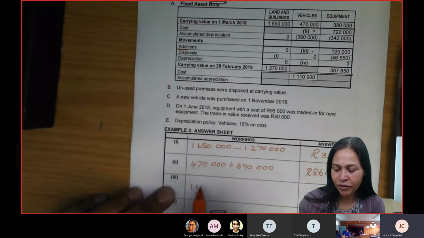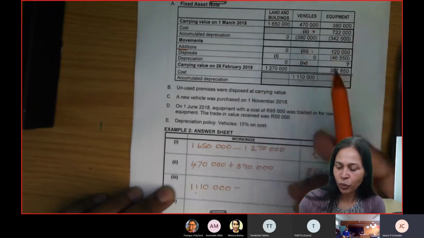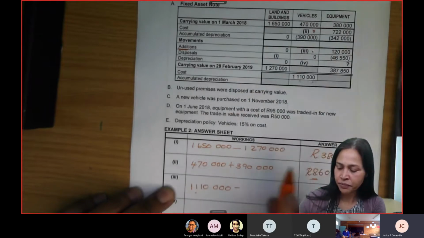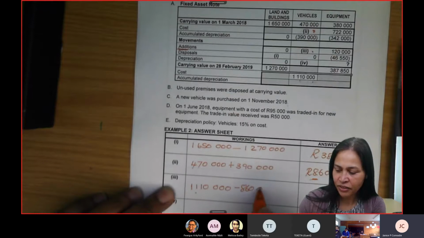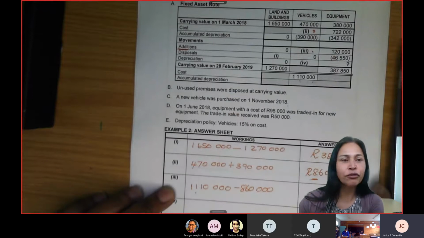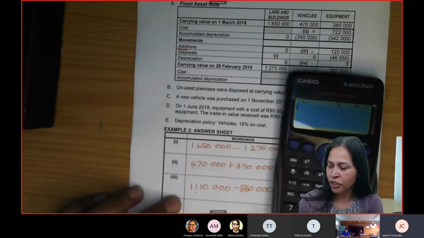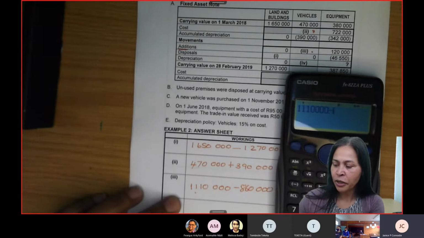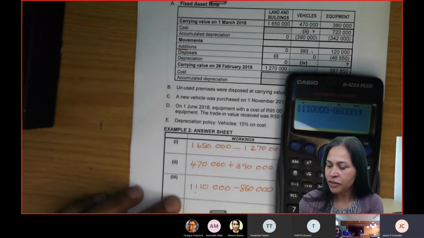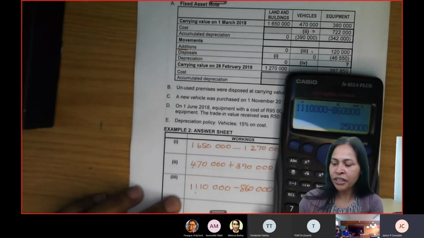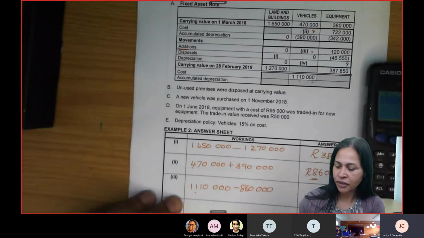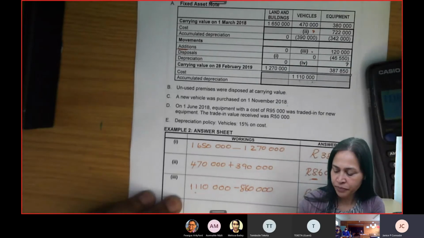I have 1,110,000 at the end, and I have my cost at the beginning, the 860,000. And that is how I'm going to find my additions at cost. So it's 1,110,000 minus your 860,000. And we get 250,000. So that's my 250 here.